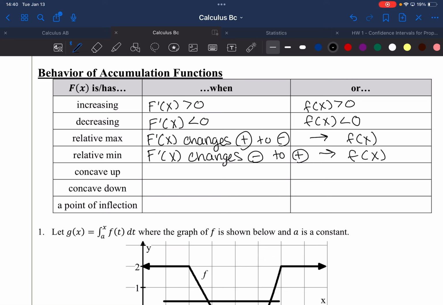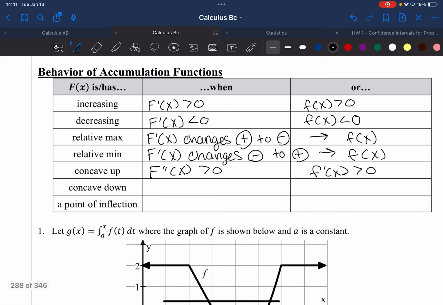Okay. Then we have concavity, and remember concavity is when we looked at the second derivative. So this is going to be the second derivative of capital F of x. When it is greater than 0, we know it's concave up. And that's the same as us saying that the derivative of f of x is greater than 0. Also tells us concave up. Okay.